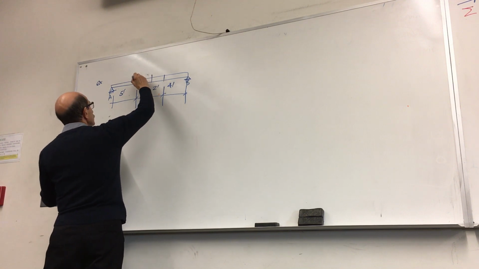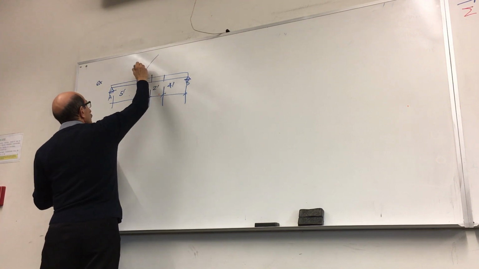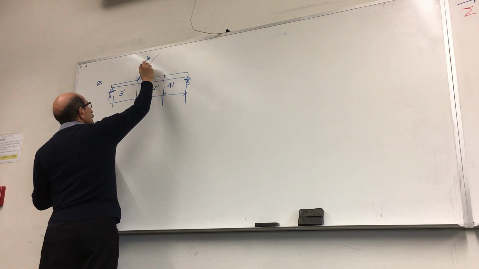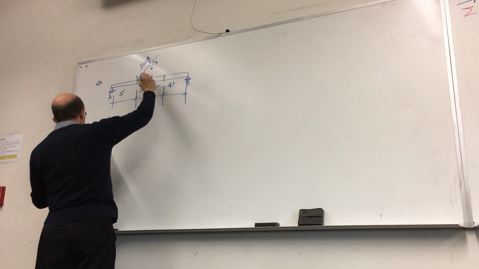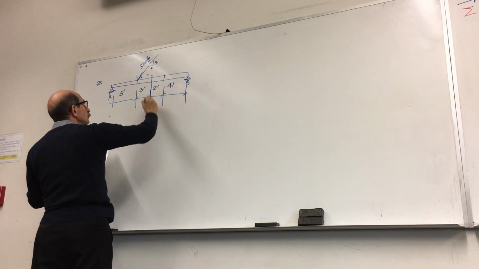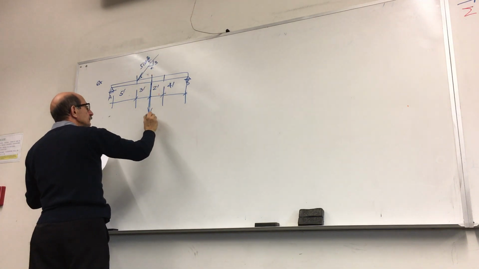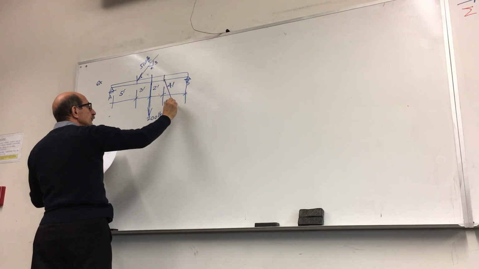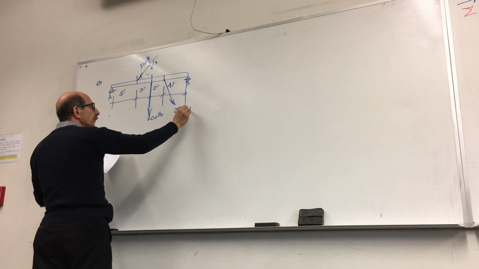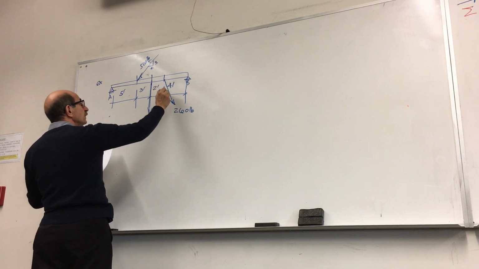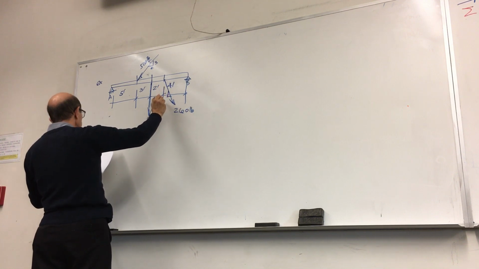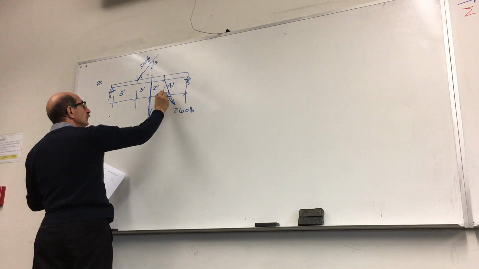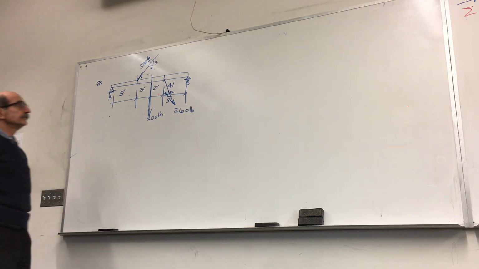This load is 500 pounds. The slope is given 3, 4, 5. There's another load of 200 pounds downward at this location, and a force of 260 pounds with, again, the slope given as 5, 12, 13. Okay?